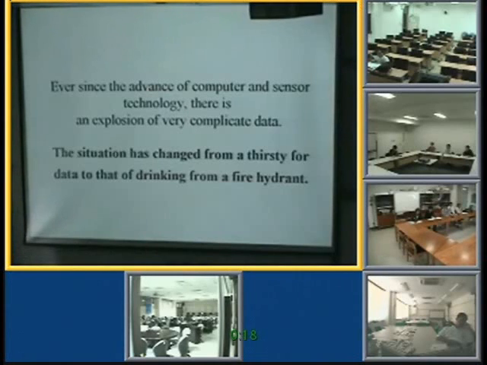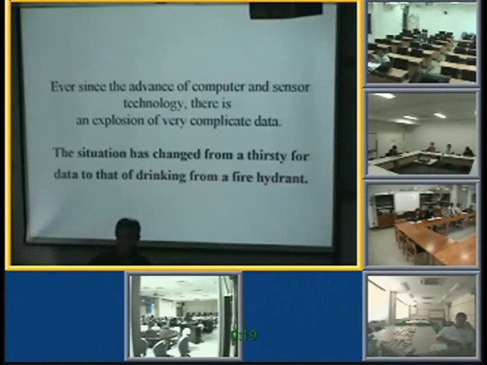So data now is exploding. We have an explosion of data. And it's so much so that from a situation of being thirsty for data, looking for data, now the data is just too much. It's almost like when you are thirsty, you're drinking out of a hydrant. Hydrant is what? It's the 救火栓.